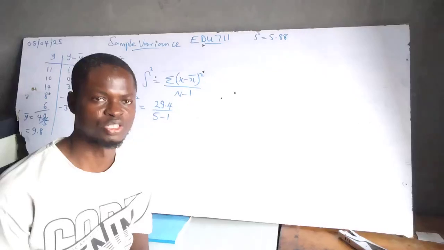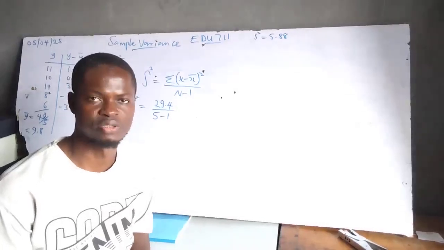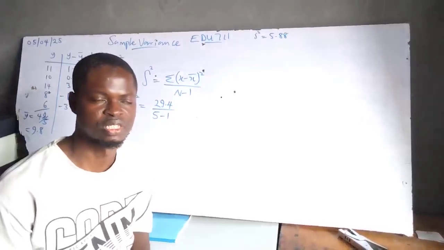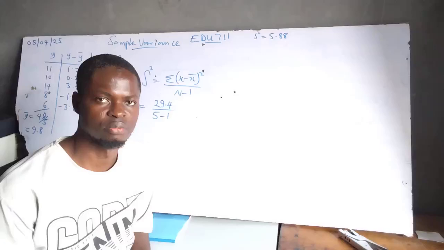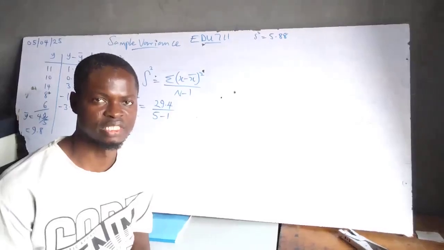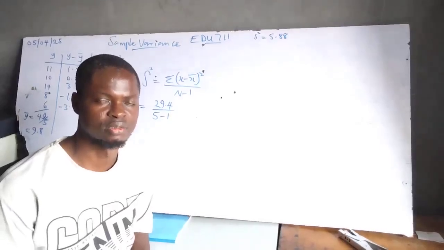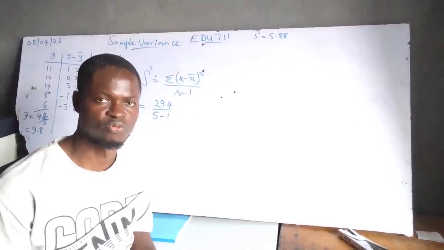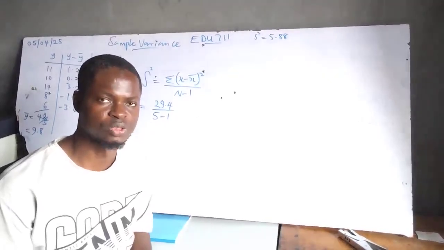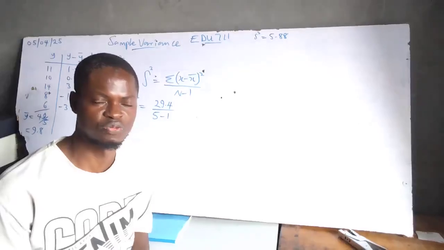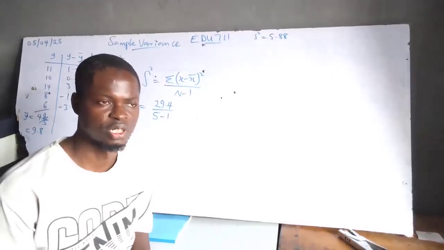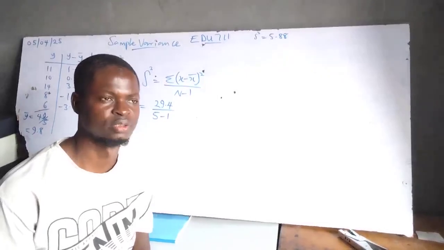First, I would like to appreciate everyone who has seen the previous episodes. That is episode 1 for measure of central tendency, episode 2 for variance, episode 3 for t-test, episode 4 for correlation, and episode 5 for chi-square.